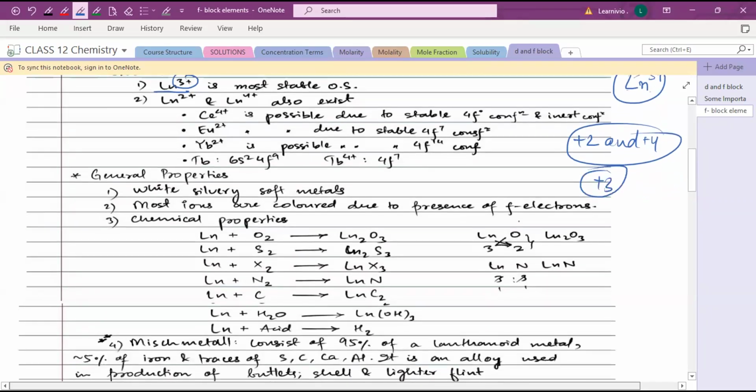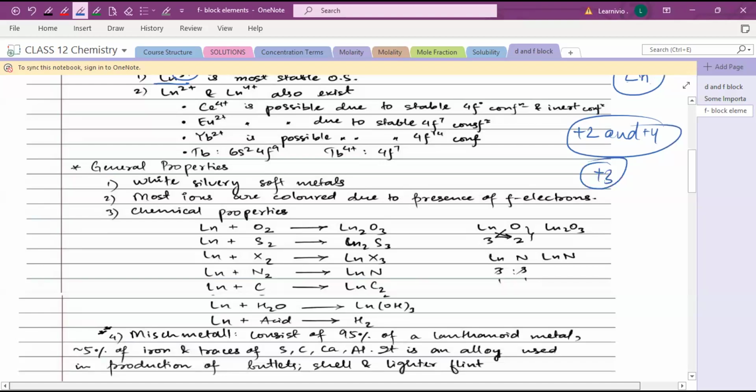Yeah, Ce4+. Ce is your cerium, atomic number 58. So cerium 4+ is possible. Why is it possible? Due to the stable 4f0 configuration and inert configuration.